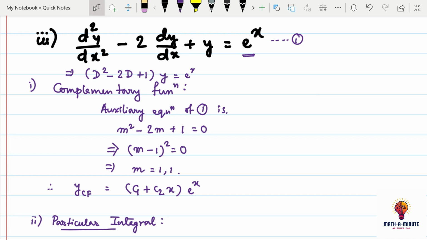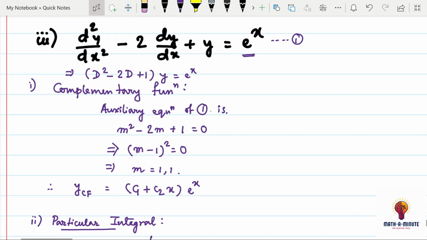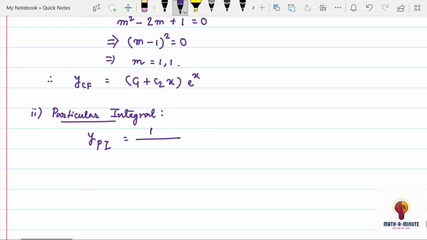So we can write y_PI equals 1 by f of D, where f of D is this function of D, meaning D squared minus 2D plus 1, into e to the power x.